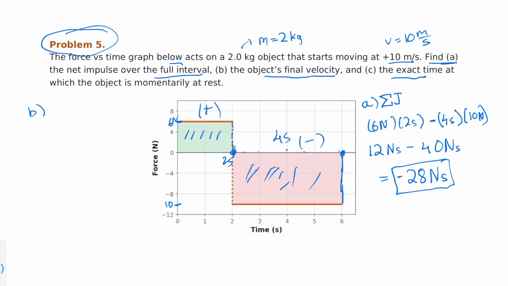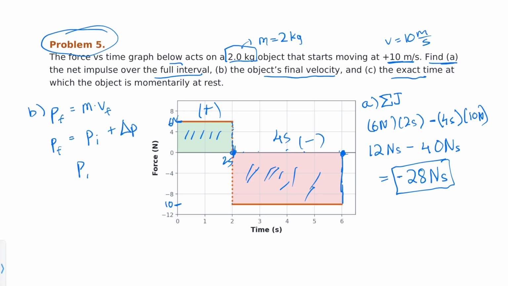If you have the mass of an object, if you find the momentum, you can find the velocity, right? So we need to find the final momentum here, because that's going to be equal to the mass times the final velocity. What momentum did we start with? We started with P initial, so P final is P initial plus delta P.